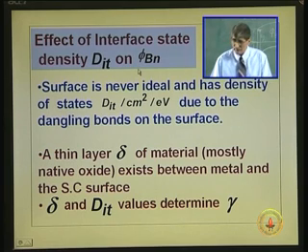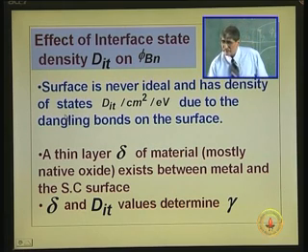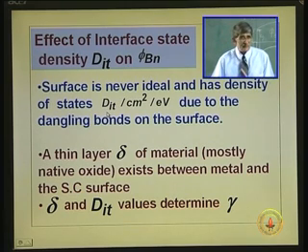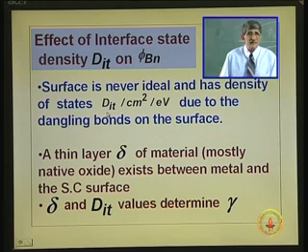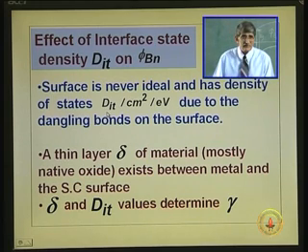So, gamma is related to phi B n. So, what is said here now, I have summed up whatever is to be said. The surface is never ideal and has density of states, what we call as DIT, that is the accepted symbol for interface state, whether you talk of MESFET, MOSFET or Schottky.